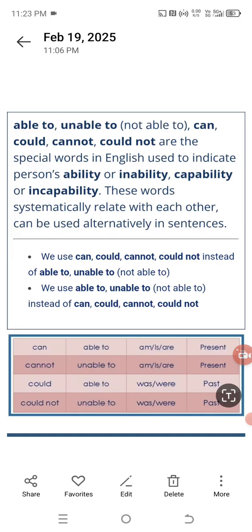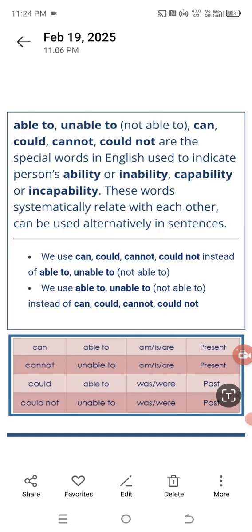If the modal auxiliary verb could is used in the sentence, and we want to use able to, then we have to take the past form of to be correctly. That means we have to choose after the subject was or were according to the subject, then write able to, and then the remaining part of the sentence as it is.